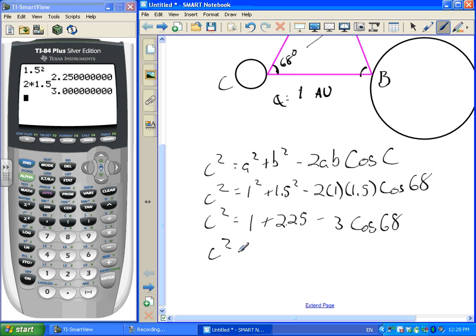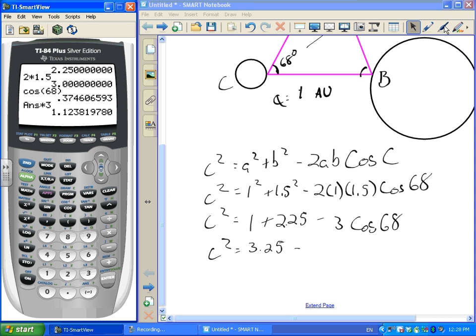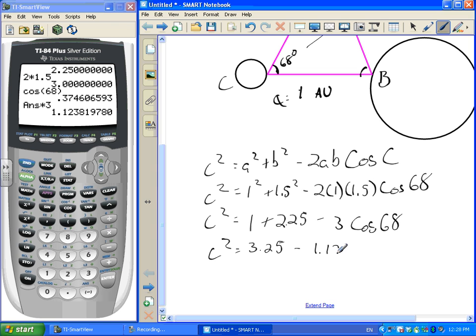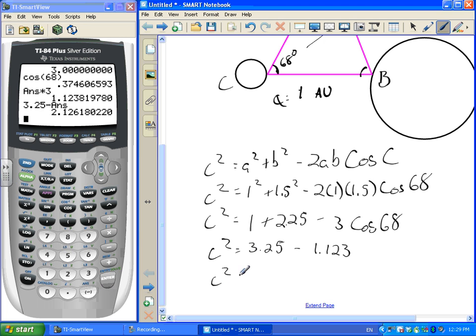I'm going to add 1 plus 2.25, which will give me 3.25, subtracted by 3 times cos 68. So I need to do cos 68 times 3, which gives me 1.123. I'm going to take the actual answer from above just so I'm very accurate. C squared is equal to 2.126.